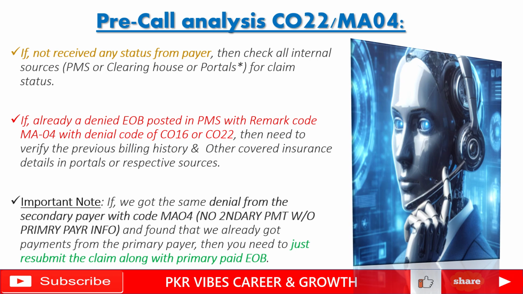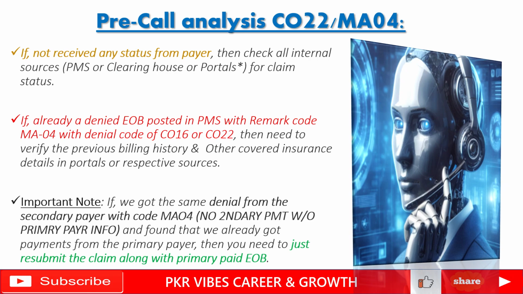If we got the same denial from the secondary insurance with the code MA04, here MA04 is nothing but no secondary payment without the primary payer information. That is the MA04 remark code description.